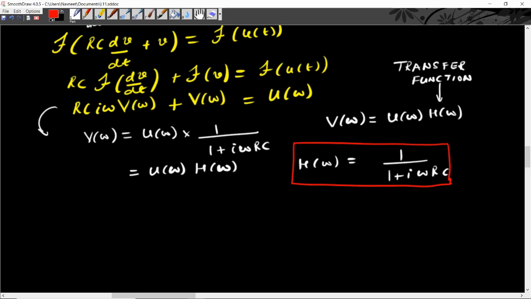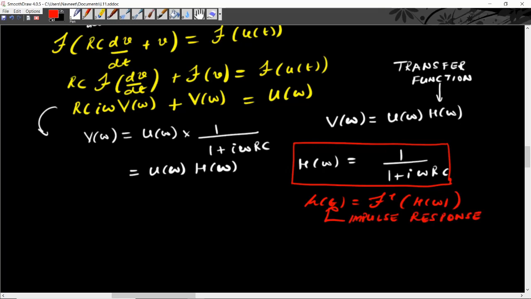And now we can see why h of t, that is the inverse Fourier transform of H of omega, is called the impulse response.